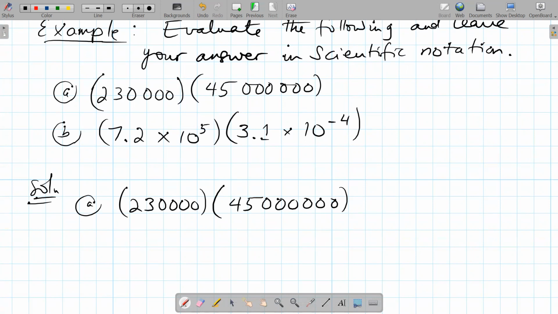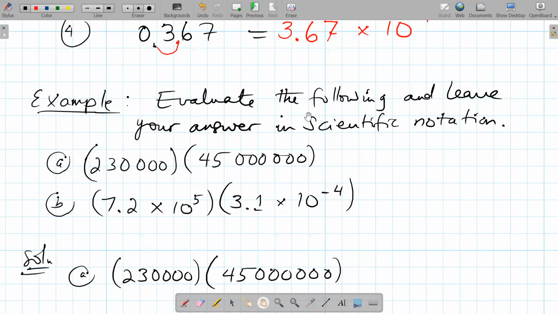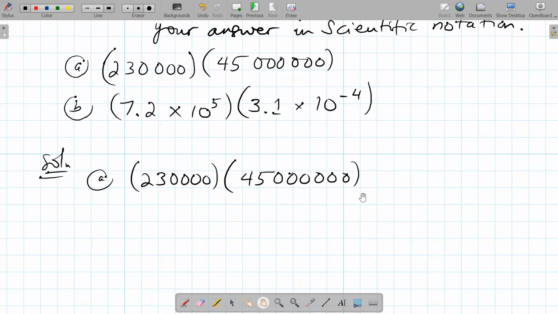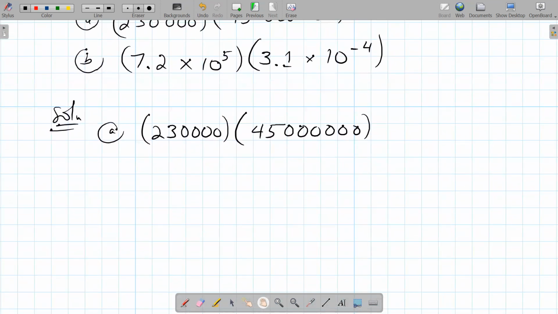The question says to evaluate the following and leave your answer in scientific notation. Because we are to leave our answers in scientific notation, it will be better if we first change every number there from the normal, standard form to scientific notation, so that we can easily evaluate and leave our answer there.